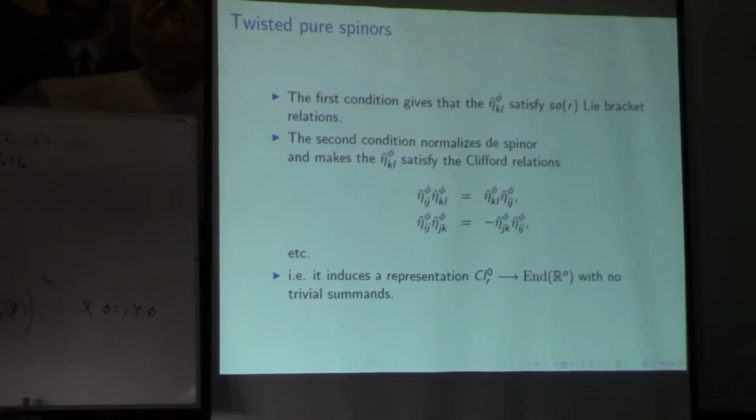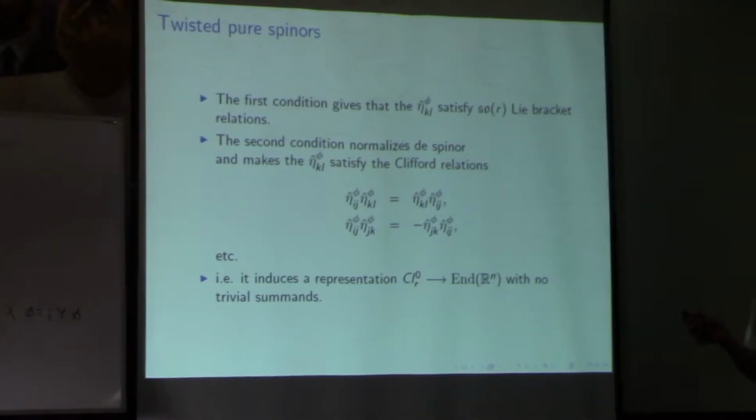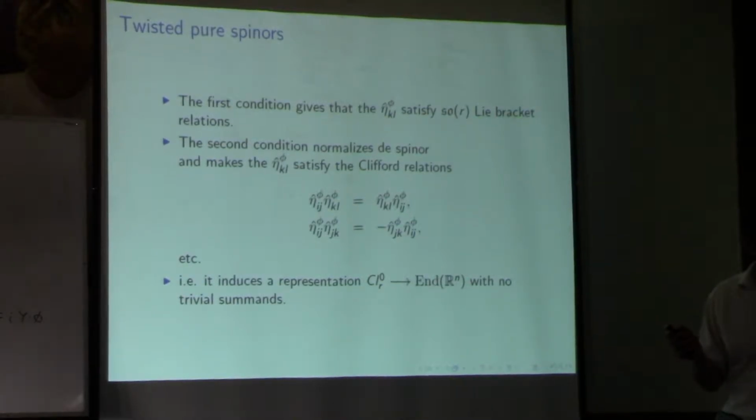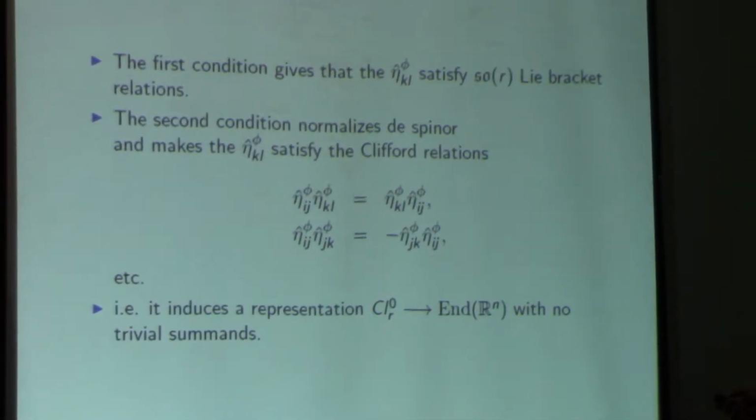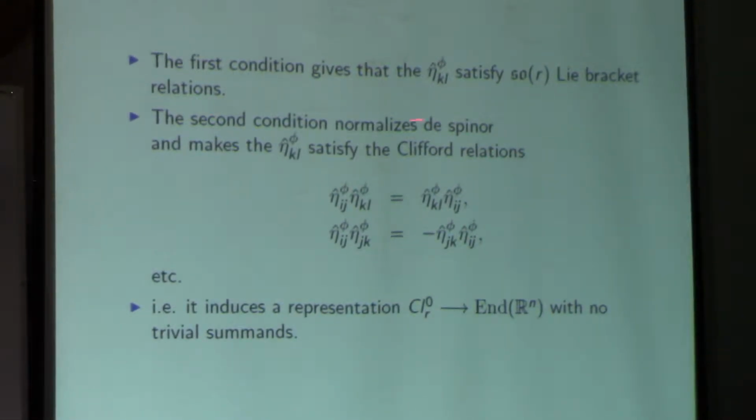So the first condition actually gives you that the endomorphisms satisfy the relations of SO(R) as a Lie algebra. The commutators give you the relations of SO(R). The second one normalizes the spinor. When I talk about brackets here, these are Lie brackets, commutators.